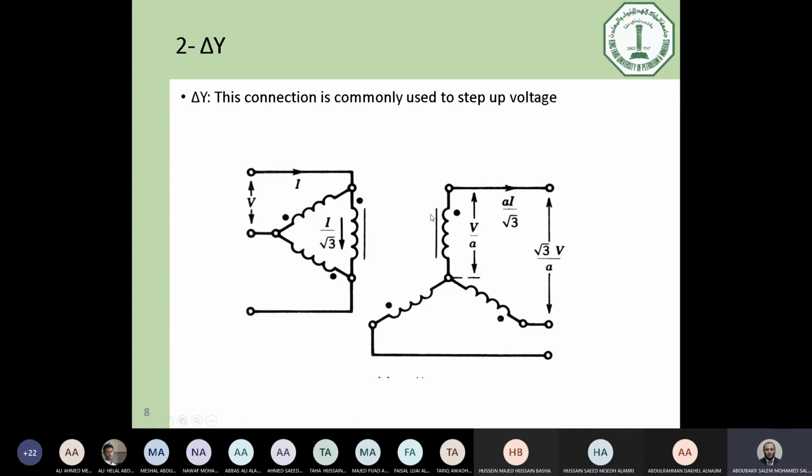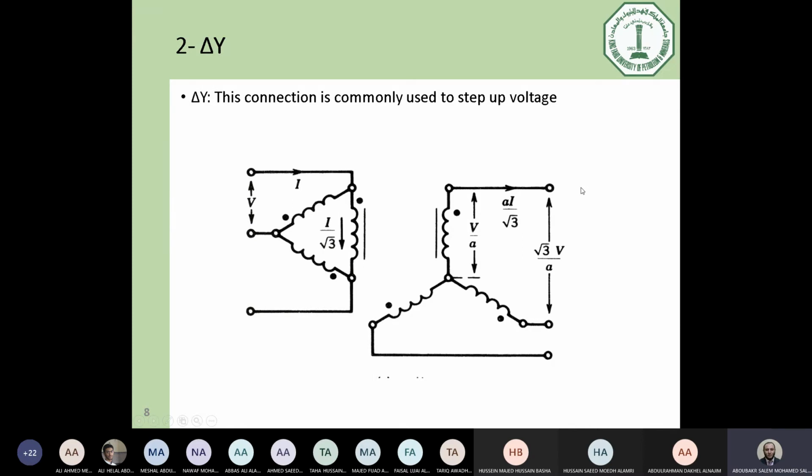Also for the current, if you have line current I here, the phase current of delta will be I divided by square root of 3, and this is going to be transferred here by induction respecting the turns ratio. So the current moving here equals I over square root of 3 multiplied by the turns ratio. And this is the same as the line current for the star.